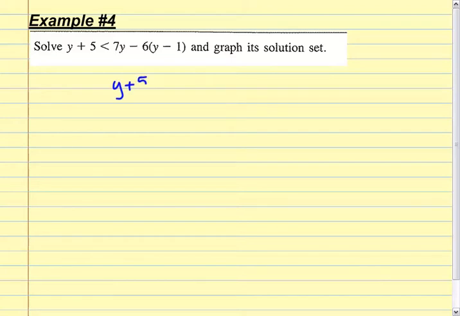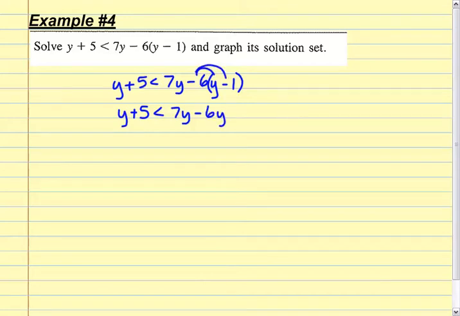y plus 5 is less than 7y minus 6 times y minus 1. All right. So I'm going to get y plus 5 is less than 7y, when I distribute that, minus 6y plus 6.